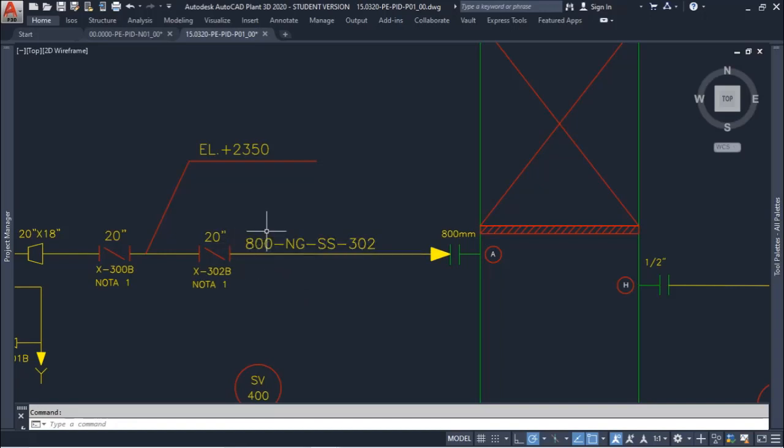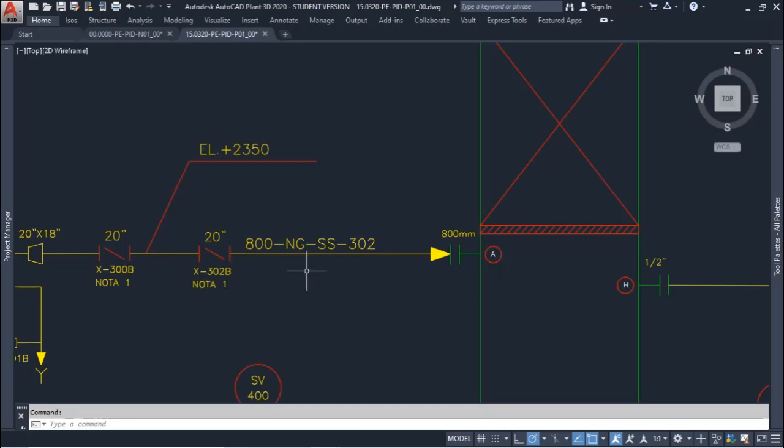Here, instead of the pipe size in inches, we have the pipe size in millimeters, and you can see just upstream of the line numbering that we have here a valve. This is a butterfly valve of 20 inches, and as we have no reduction from the valve and the pipe, 800 is equivalent to 20 inches.